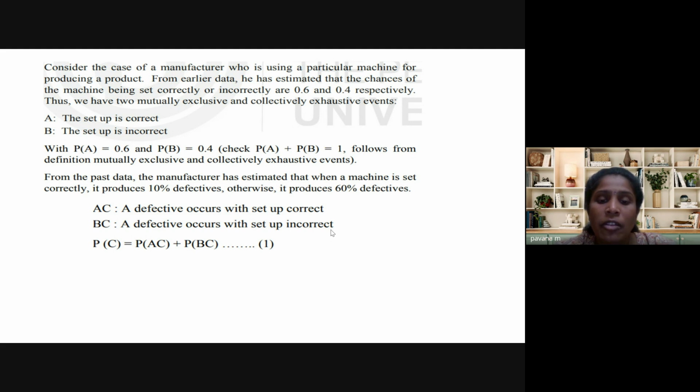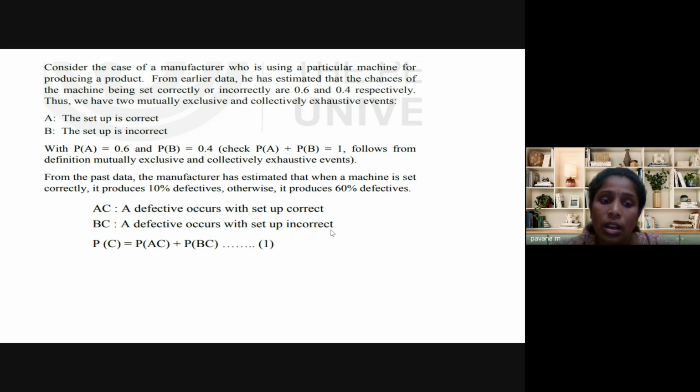The manufacturer has estimated that when a machine is set correctly, it produces 10% defective items. Otherwise, when the machine is incorrectly set, it produces 60% defective items. So here P of A is already given in the problem as 0.6, and P of B is also given as 0.4.